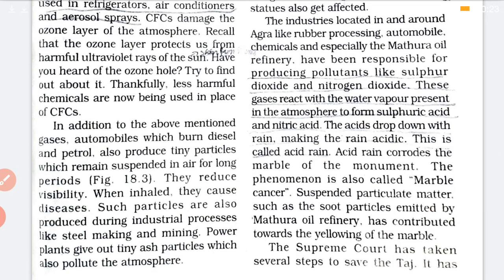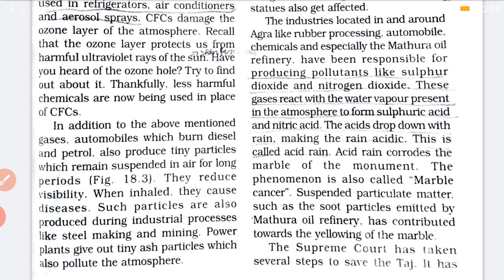Not only human beings, even non-living things. One best example is the Taj Mahal, which is being affected by the pollution of air. Taj Mahal is made of what? It is made of marble. So when the carbon monoxide and oxides of nitrogen which are present in air mix with the rain, what will happen? Acid rain occurs.